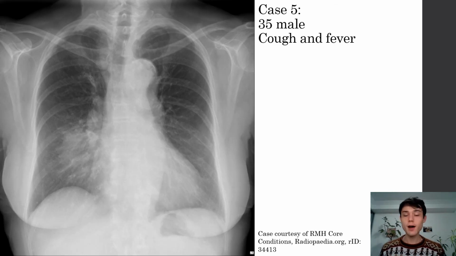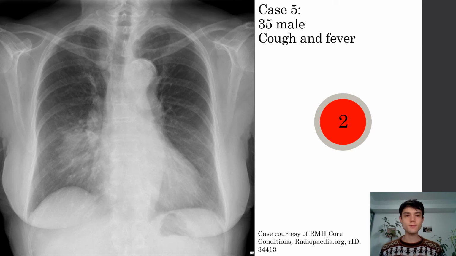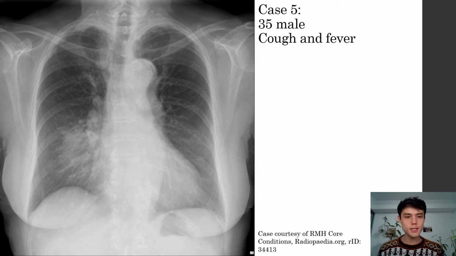So this is case 5, a 35-year-old male who presents with a cough and a fever. So the area of pathology in this chest X-ray is a well-demarcated area of consolidation on the right over here. And given the history of cough and a fever, we've got to be quite suspicious of pneumonia.